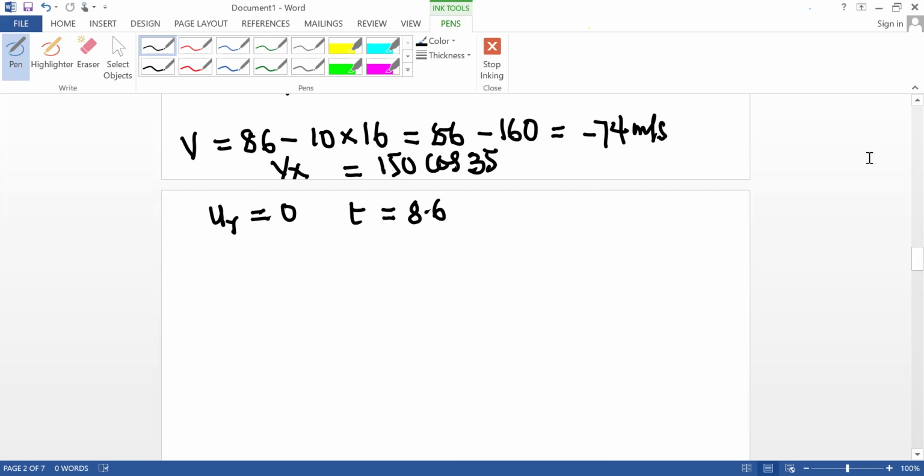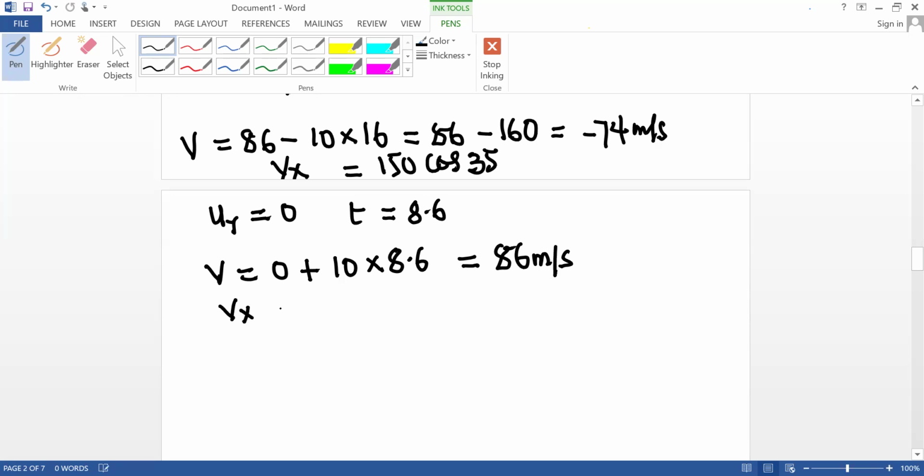So using v equals 0 plus, because it is dropping, 10 times 8.6, and this is 86. Vertical velocity is 86 meter per second.